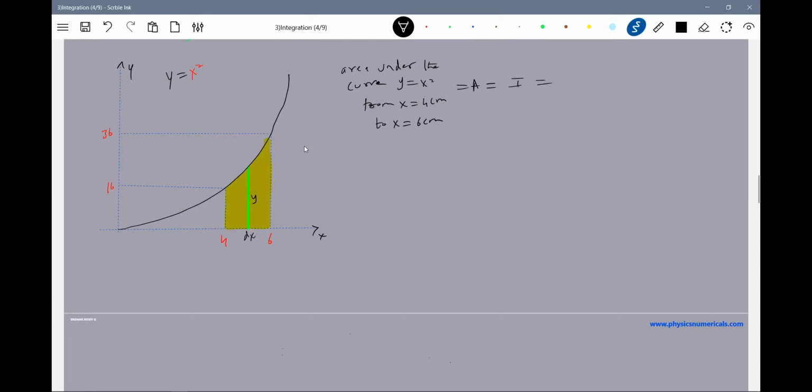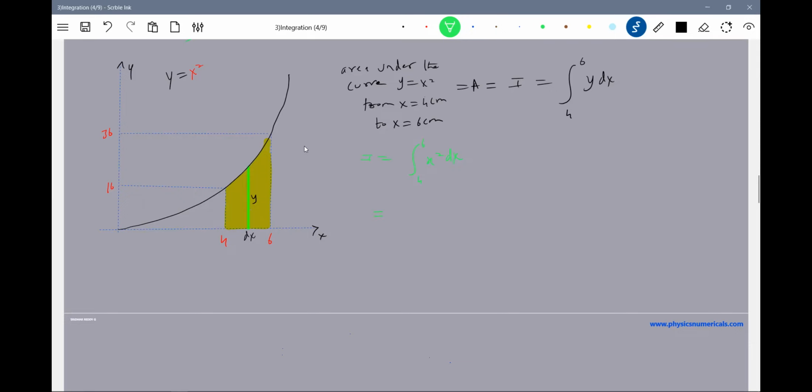This we will call I. We are going to integrate in this way, y dx. What is the area of the strip? y into dx, where the lower limit of x is 4 and the upper limit is 6. Now we'll substitute the value. I is equal to, what is the value of y? x square dx, 4 to 6.